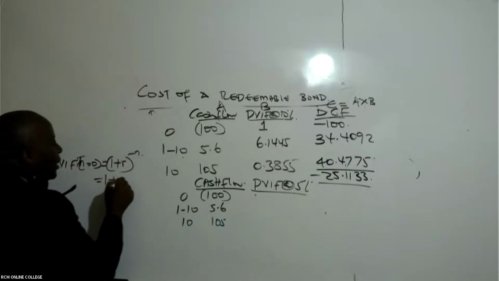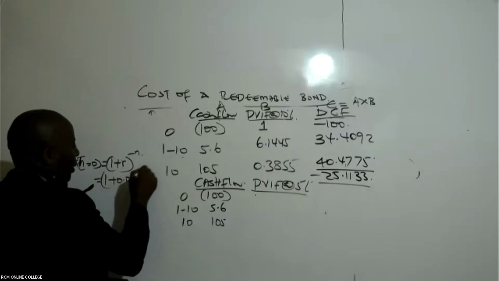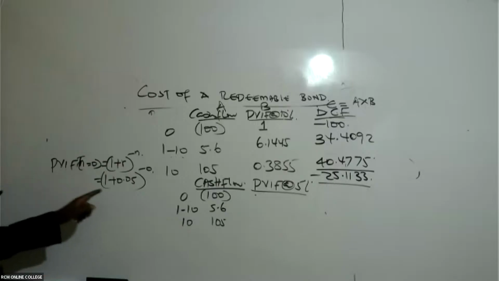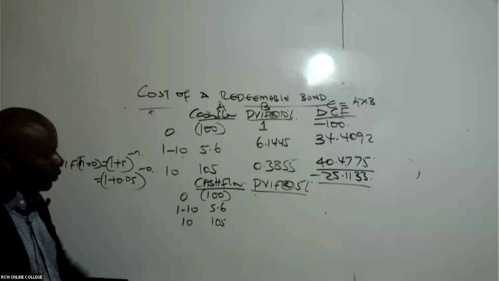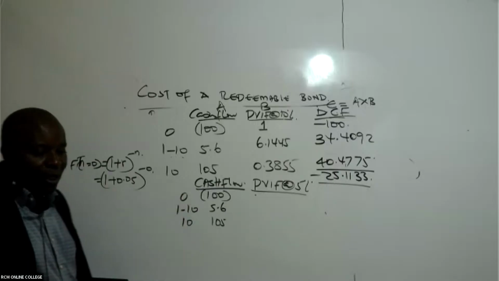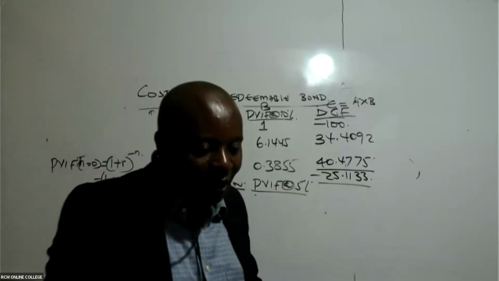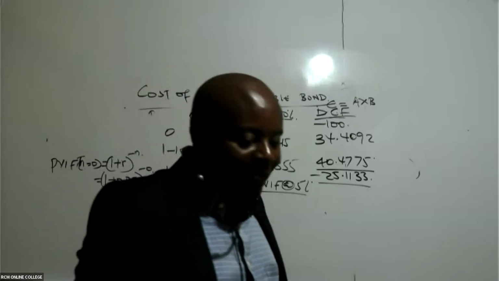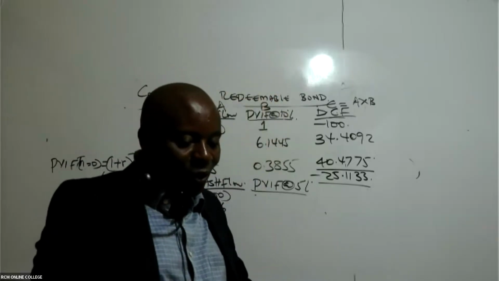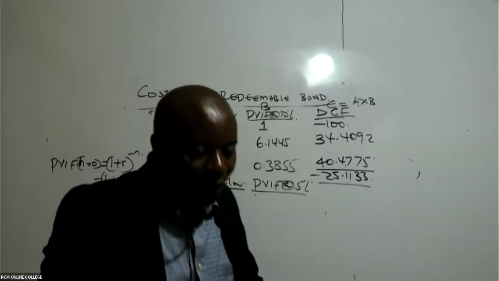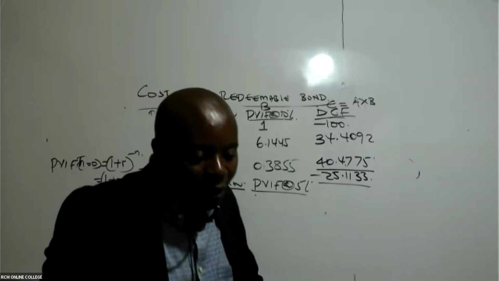So it will be 1 plus 0.05 raised to negative 0, because we're looking at times 0 when I'm getting this lump sum amount. So is there somebody who can give me this figure? Of course, anything raised to 0 will always be equal to 1.